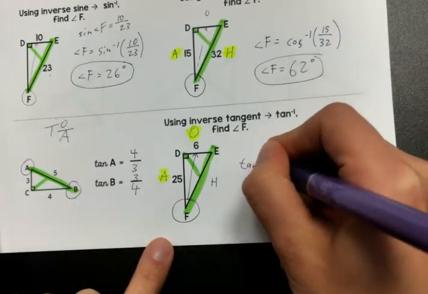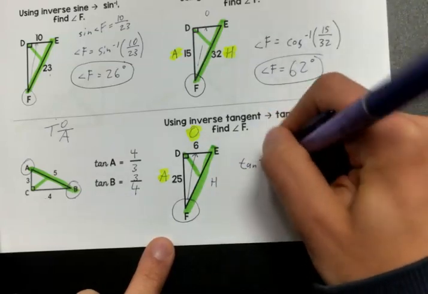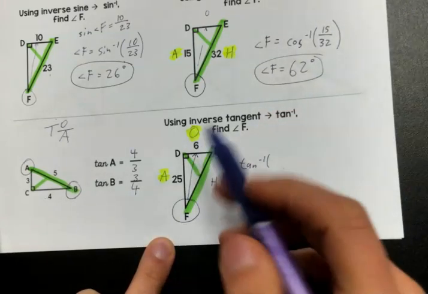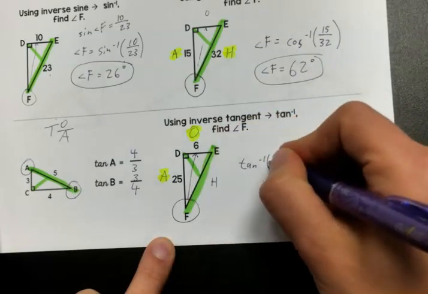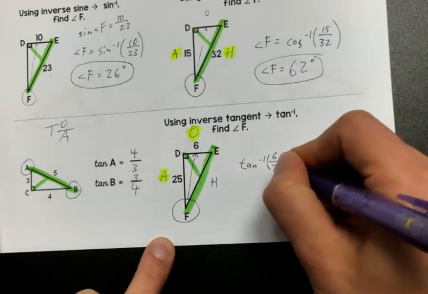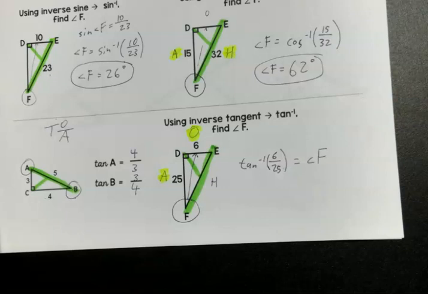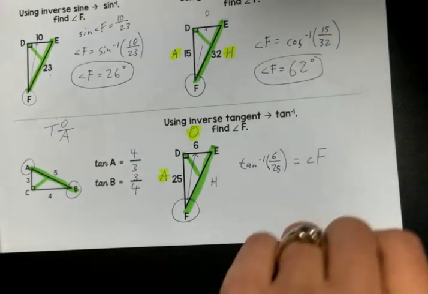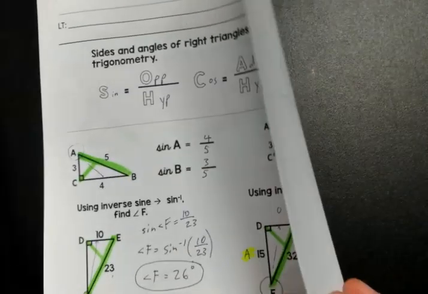So inverse tangent of opposite over adjacent. So inverse tangent of 6 over 25 is equal to angle F. Okay? I'm not going to take the time to plug it into the calculator. We'll do that in some of the other practice. All right, moving on.